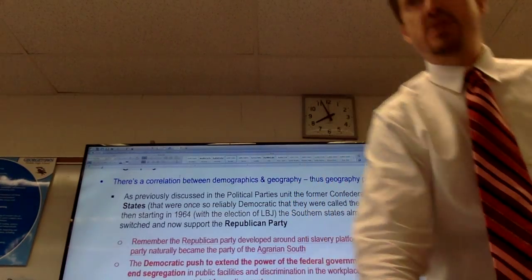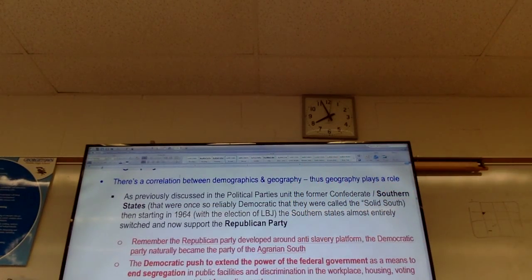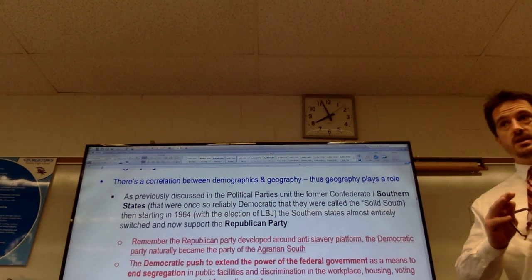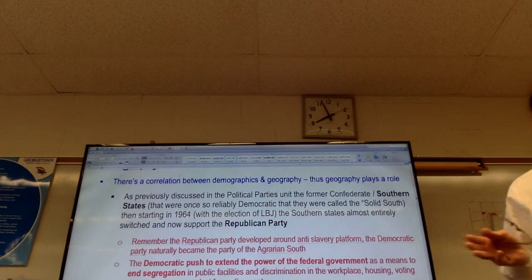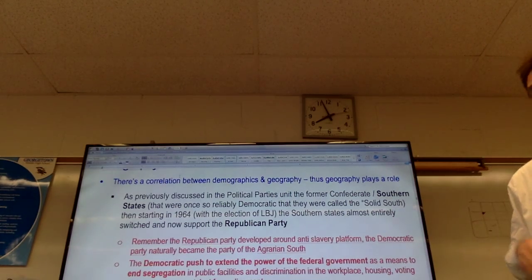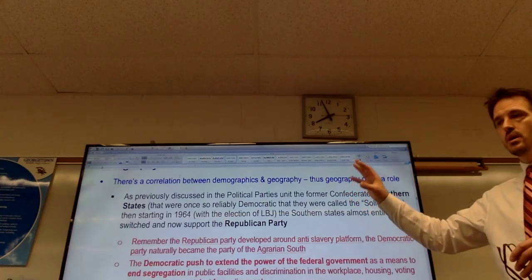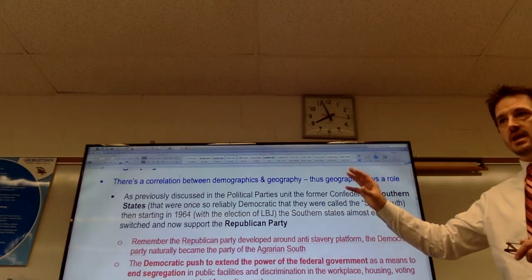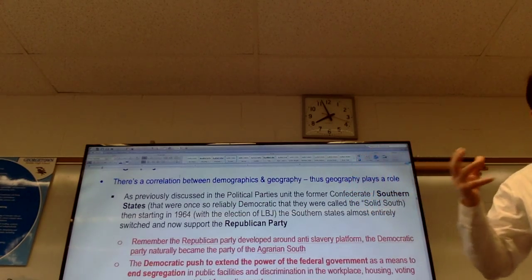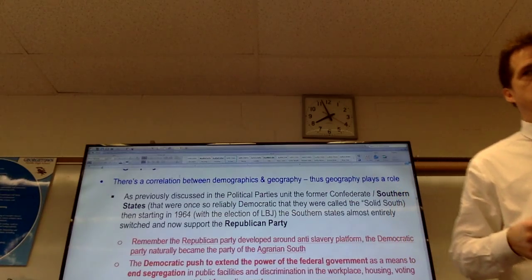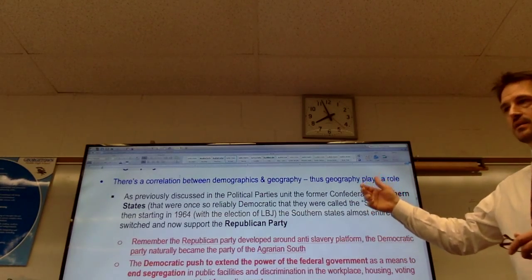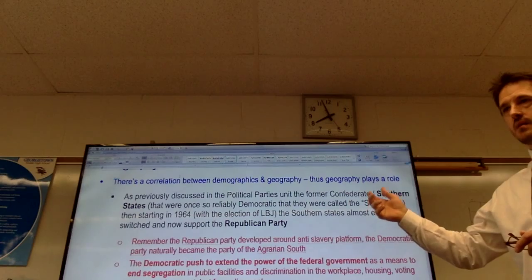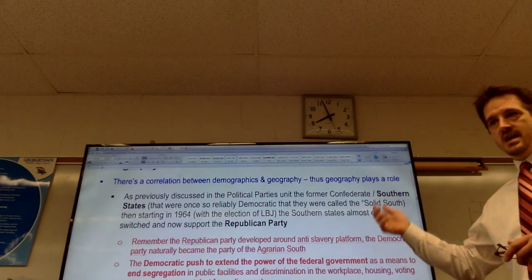So just as general rules of thumb, we talked about the previous Solid South. The South used to historically be locked up for the Democratic Party. And again, the pivot came when the Republican Party became the party that ended slavery. Lincoln's party, the party that ends slavery. By default, the Democrats become the party of the agrarian South.